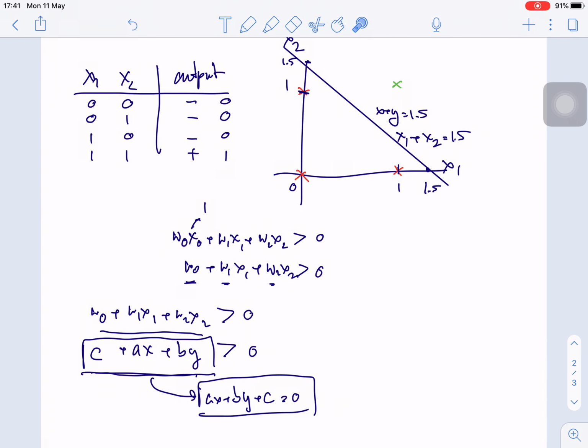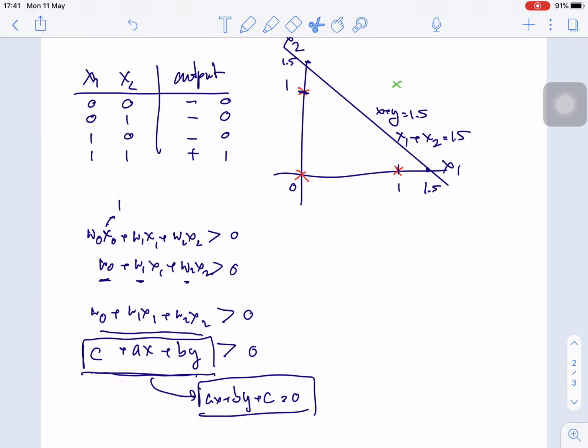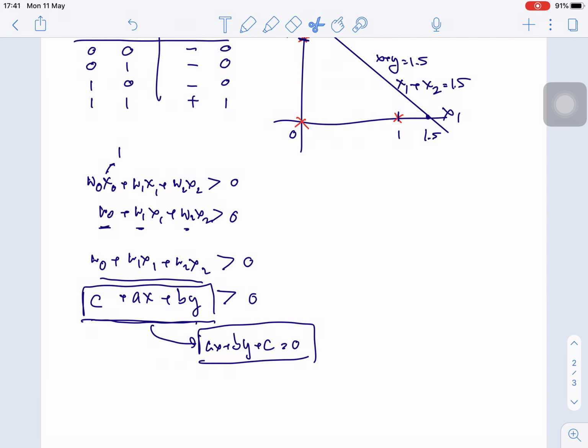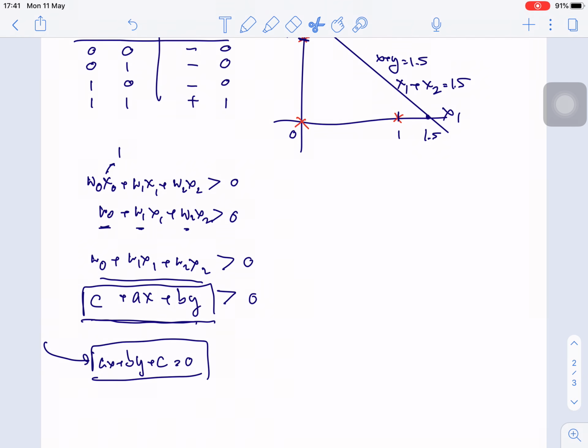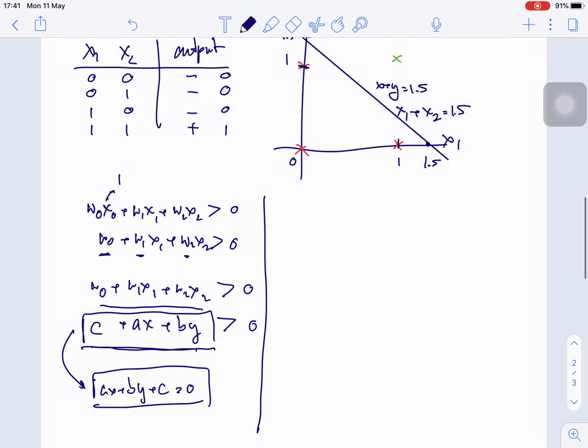You can do it in two ways. Sorry, I'd like to move this equation to here. So we will be able to change it. Okay, I draw a straight line here. So we have two ways that you can do. That is, you can move 1.5 to this side or move x1 plus x2 to this side.